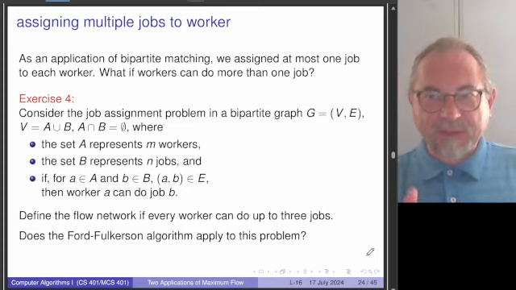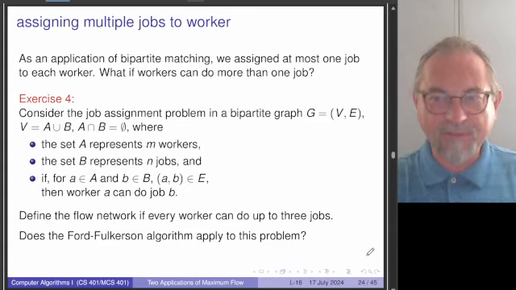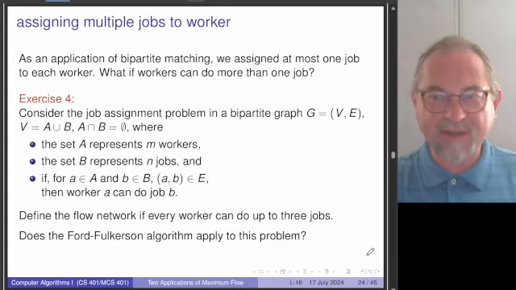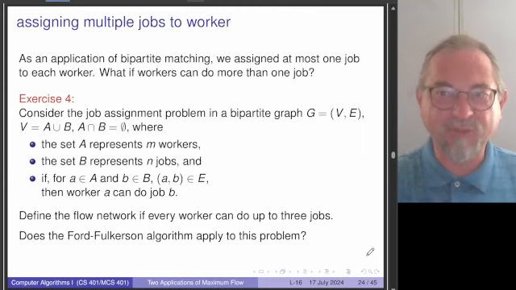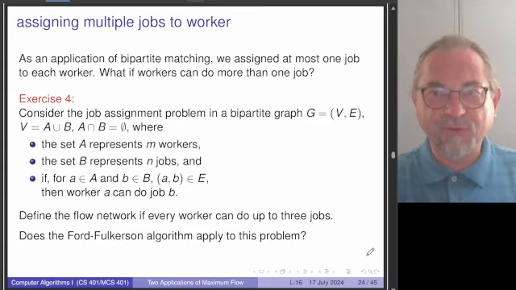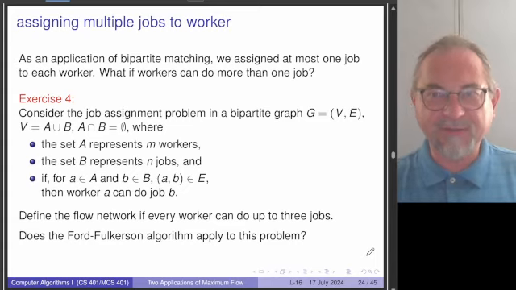So you could think about having added the source. If every worker can do only one job, you give it an edge with capacity 1. You can interpret that edge as the resources that you give for completing a job. So you could actually assign more sources as well.